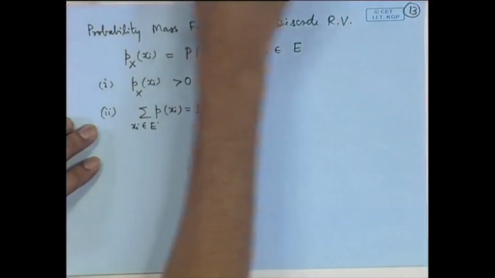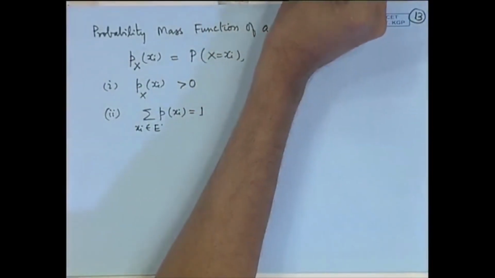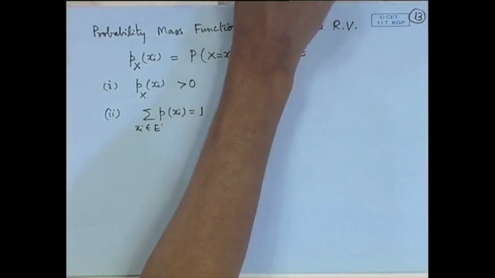So, if we look at the examples discussed earlier, the tossing of a coin, the throwing of a die, etc., then the probability distribution is quite clear. For example, let us look at the die throwing problem.